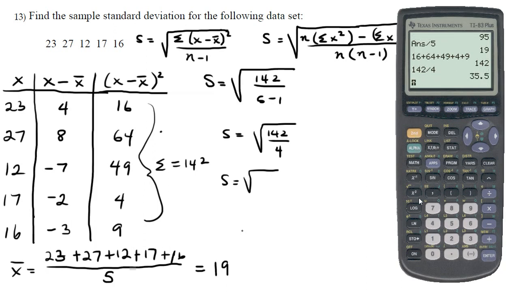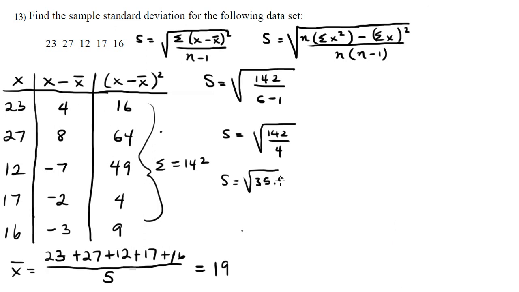Take the square root of that. 5.9, let's say 5.96, right? So let's say 35.5. 0.96. But I probably didn't round that properly.